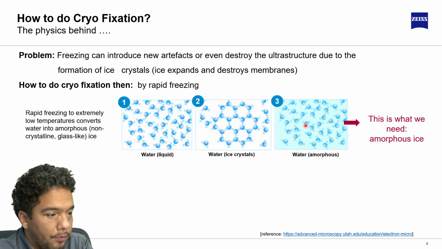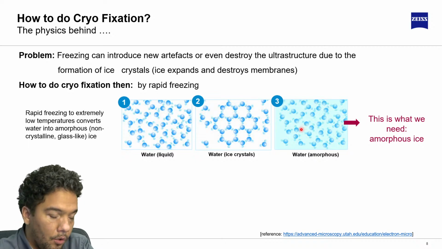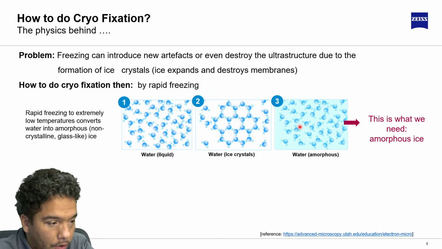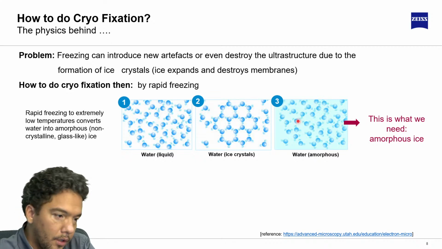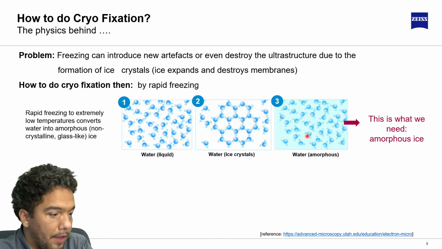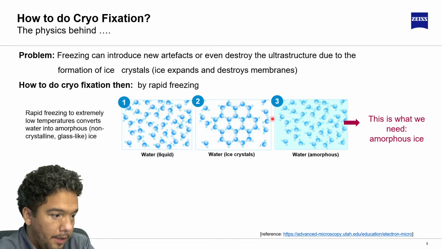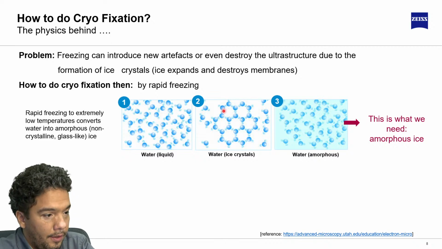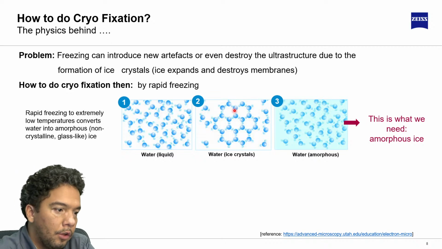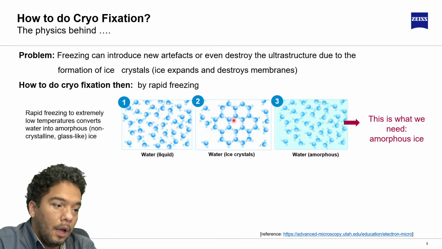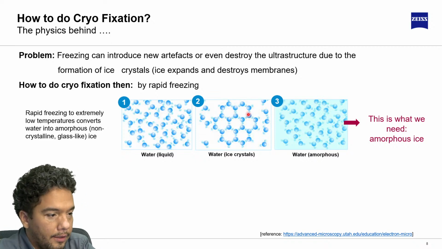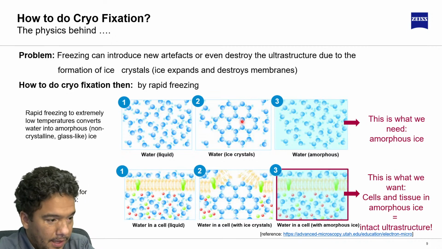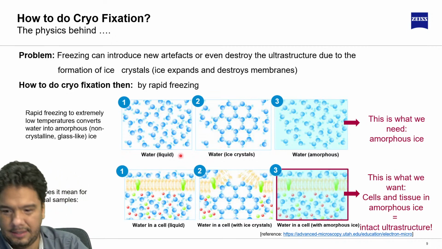But when we have really fast conditions, or the proper conditions, to cool down that water, we can get amorphous water. That means we don't leave the sample enough time to form the crystal structure that would create crystal water. And that's why it's so important.